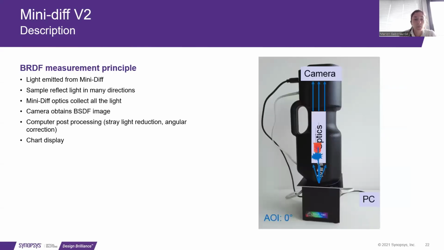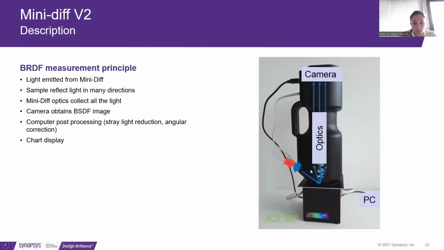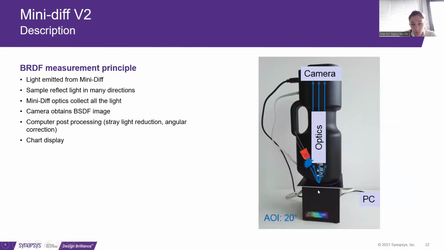So now the principle. Let's start with the BRDF measurement, because today we are interested in the reflected space. So the light is emitted from the mini-diff. The source is integrated to the mini-diff here. So it illuminates the sample. The sample scatters the light in many directions. The mini-diff optic collects all the light and sends it to the camera to obtain BSDF images.